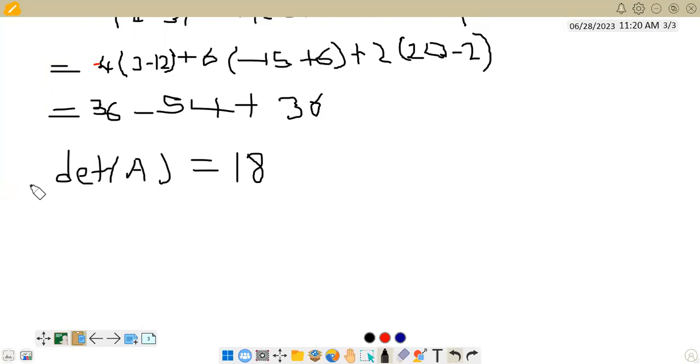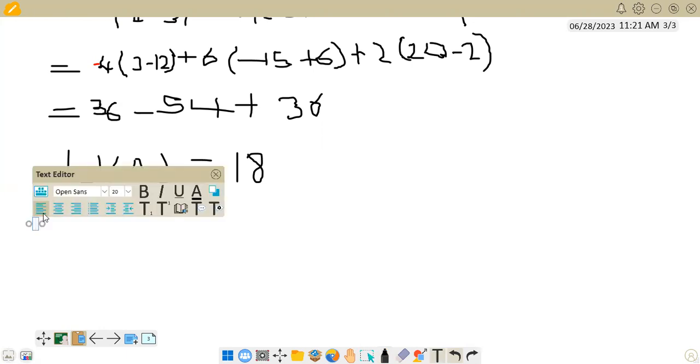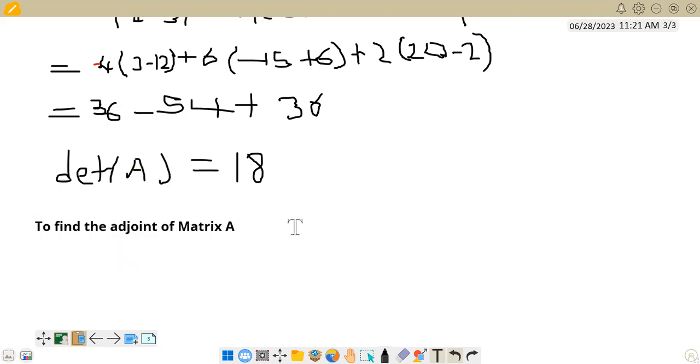Yeah, so tapeza determinant wa matrix A. Now the next thing to do is to find the adjoint of matrix A. Wabule mukuona manembera kende ting'ono, but I hope you are able to see.